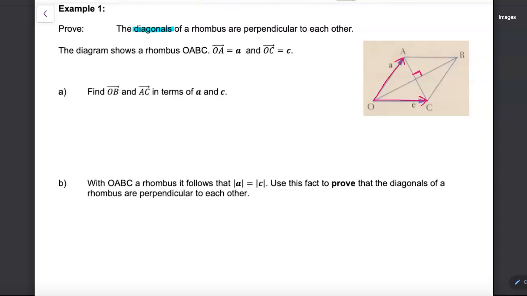To start our proof, we're first going to define the two diagonals that are involved in the rhombus, the diagonal OB and the diagonal AC.